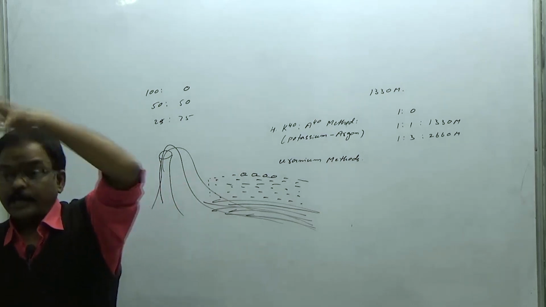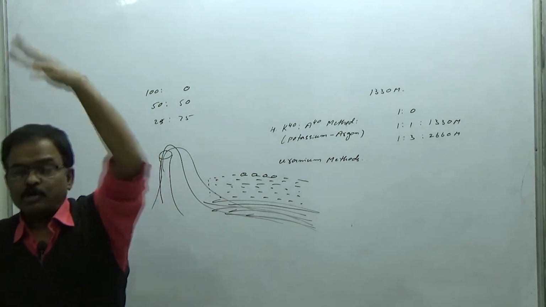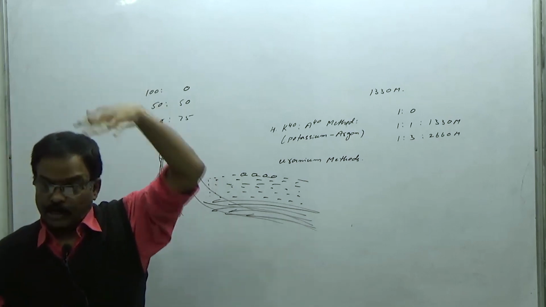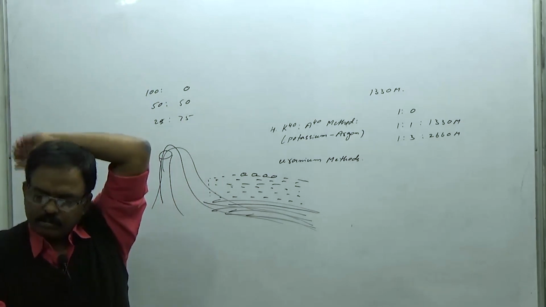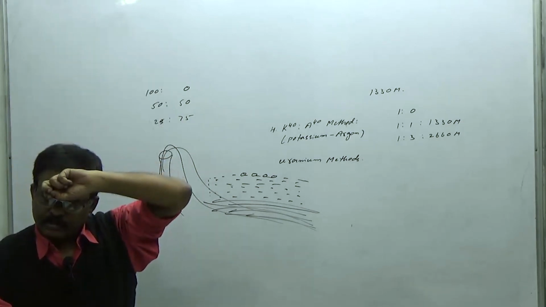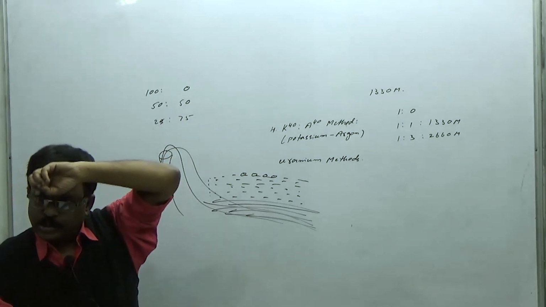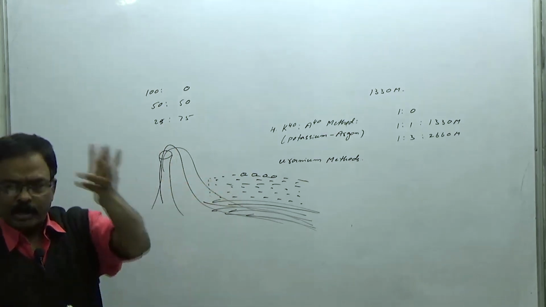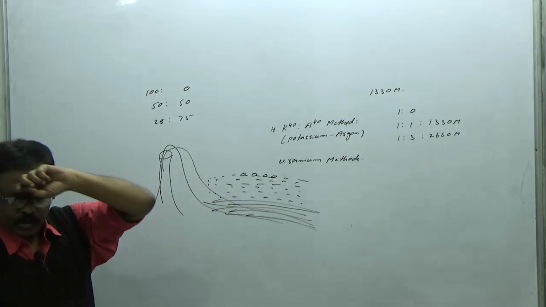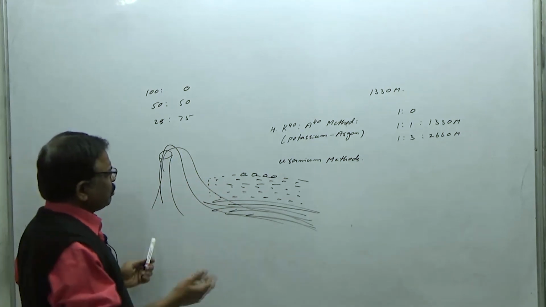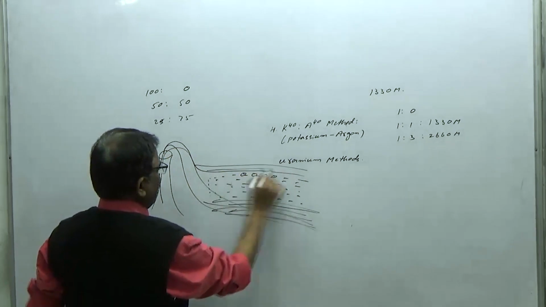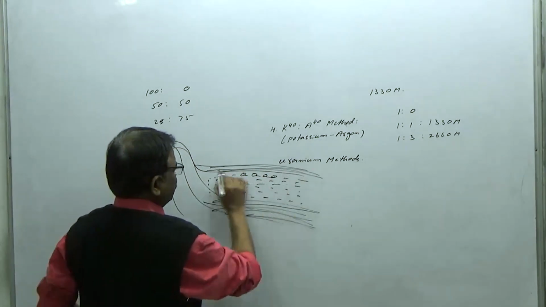Some once in 100 years, some once in 1000 years, some once in 10 million, 20 million, 30 million years. We can't say anything. You studied that. So the dormant period differs from one volcano to another. Then after some time, again volcano outburst, lava, another layer formed.